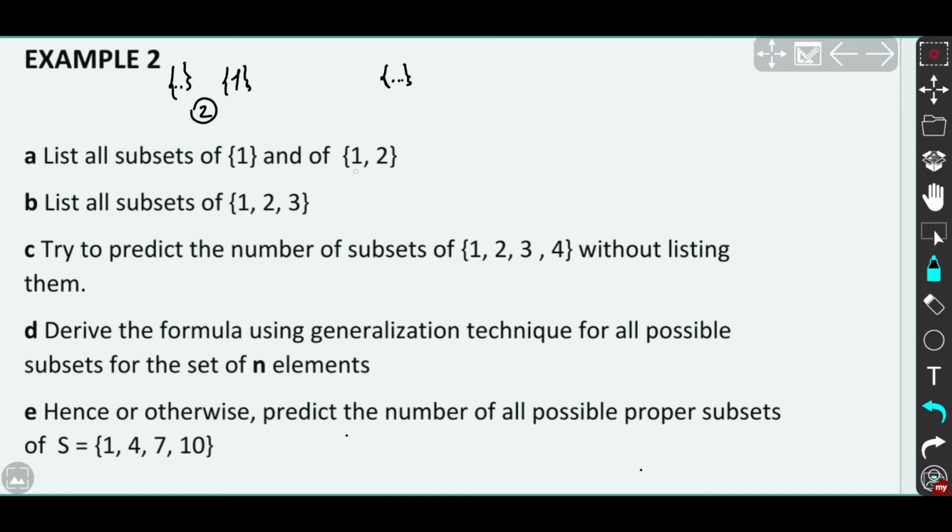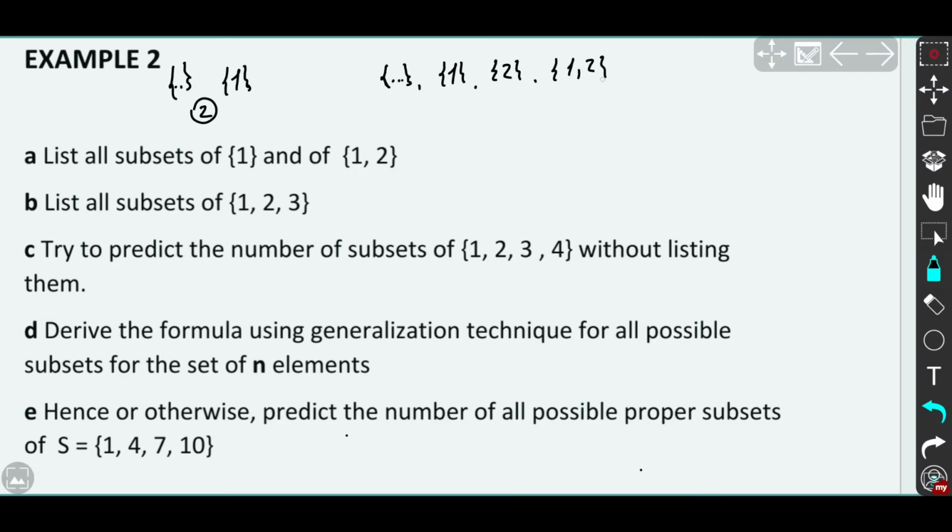Next, let's consider subsets with one single element. So just {1} and {2}, they're also subsets of the set containing 2 elements. Alright, now the last one is just the combination {1, 2}.